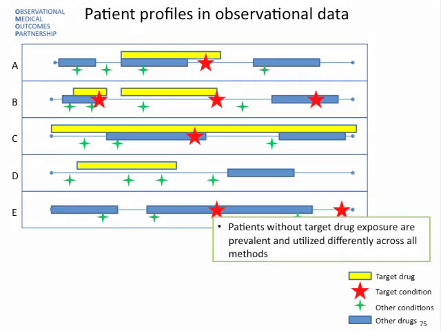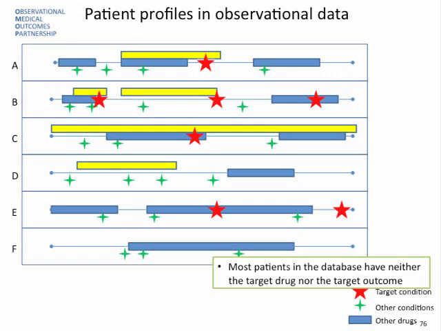This last one is a patient who's not exposed at all, as best we can tell, to the drugs we're interested in, but still experience events and are taking other drugs, and in fact experiencing multiple events that we're interested in. And finally, a patient experiencing no events and is not exposed to the drug we're interested in. So you see the absence of the yellow exposure bar and the absence of any red stars.